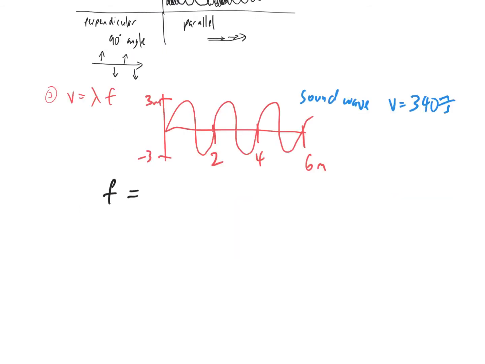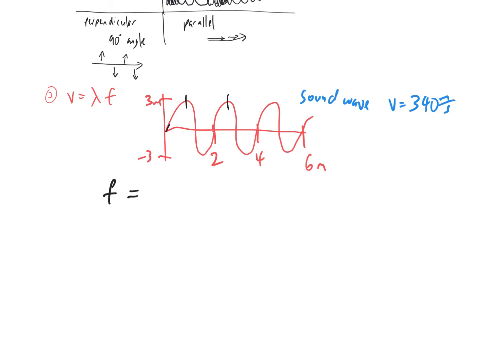For this one, step number 1 would be we need to take a look and figure out the wavelength of this wave. We could say that the wavelength goes from crest to crest like that, or I could count the total number of waves.